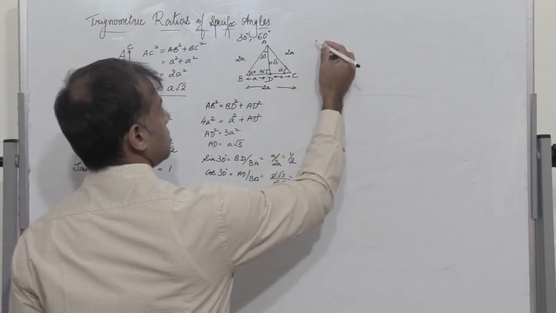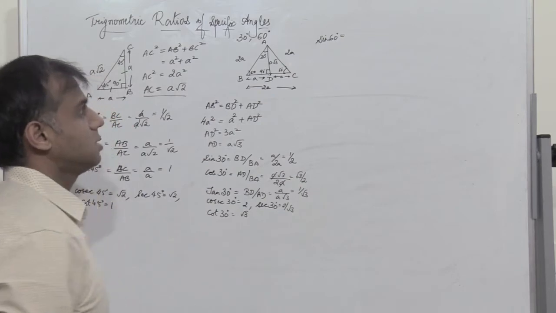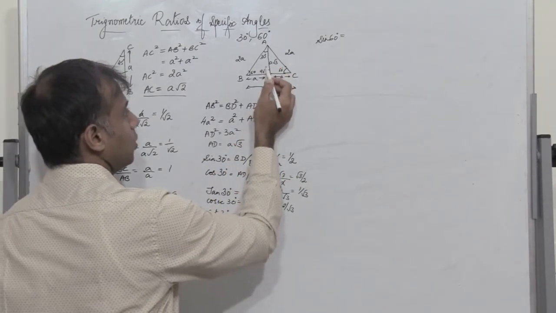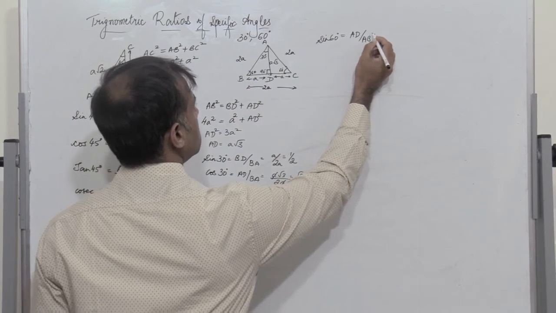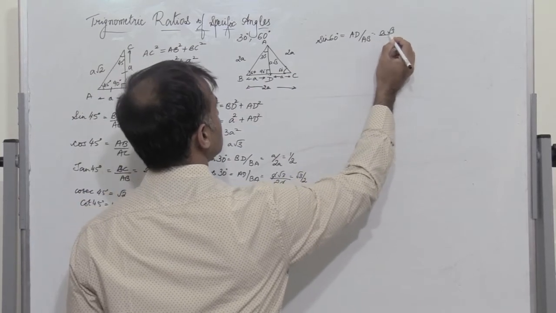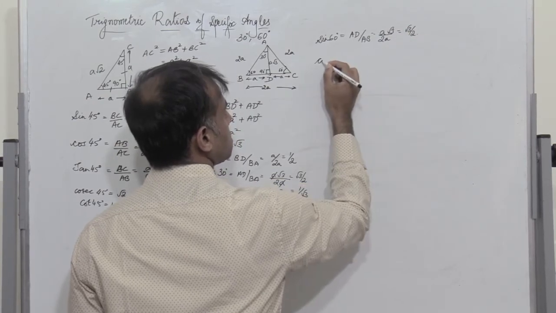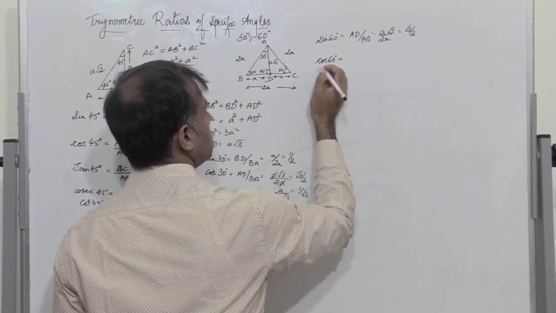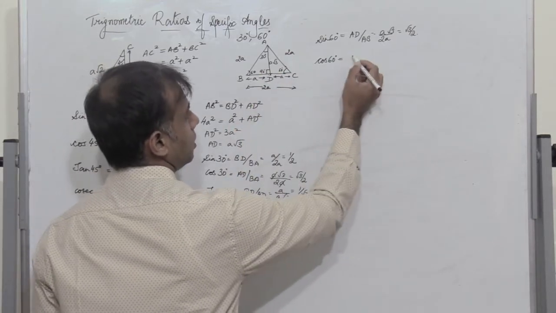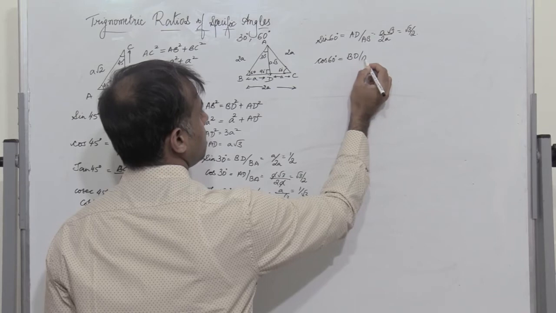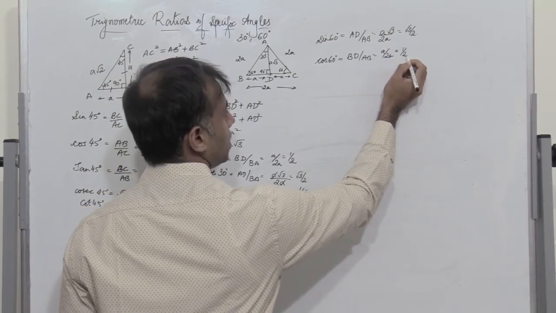Okay, so since we have found out for 30, we can also find for 60, isn't it? So sine 60: angle B is 60. Now we have the opposite side, which is AD, divided by AB, so A root 3 by 2A. So this is root 3 by 2. Next, cos 60: the adjacent side of angle B is BD, divided by AB, so A by 2A, which is 1 by 2.